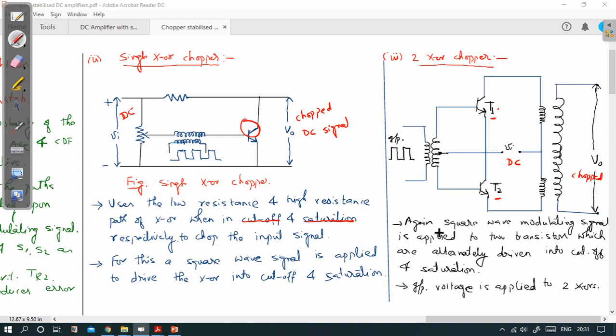Again, a square wave modulating signal is applied to the two transistor switches, which are alternately driven into cutoff and saturation.